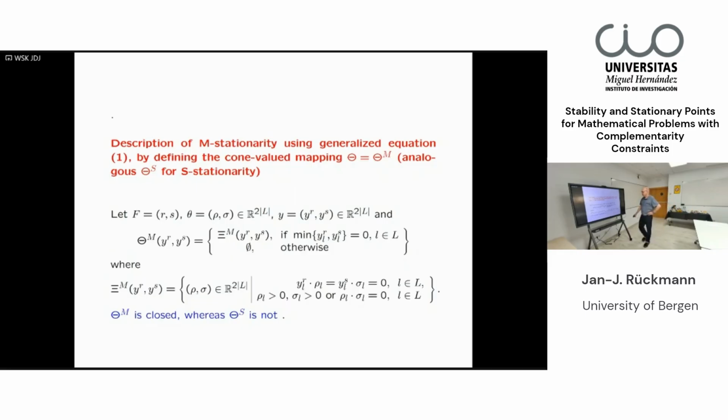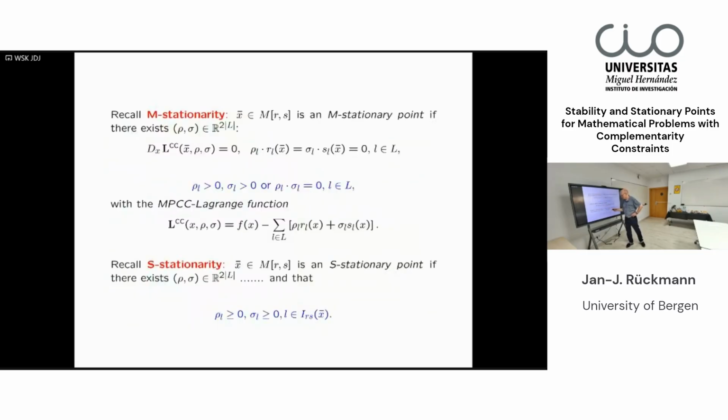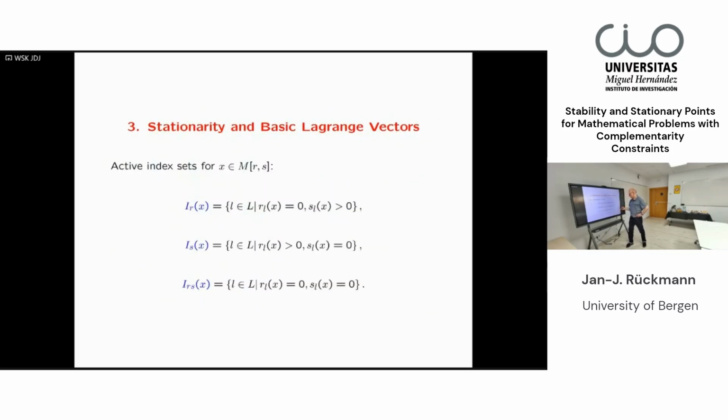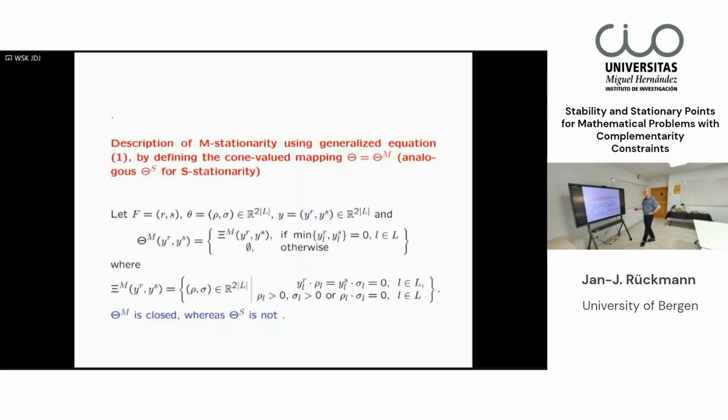And we see it here now as Theta M, and it refers to M-stationarity. You see it here, how this condition comes into play, the condition which defines M-stationarity. And this set here is defined like that.